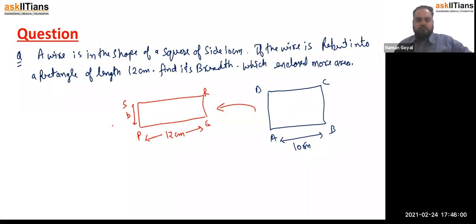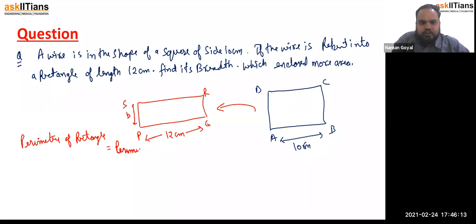Are you getting my point? So we can say that perimeter of rectangle is equal to perimeter of square.